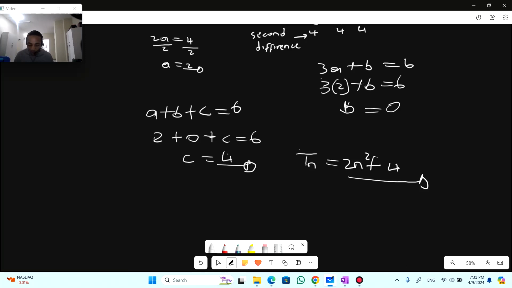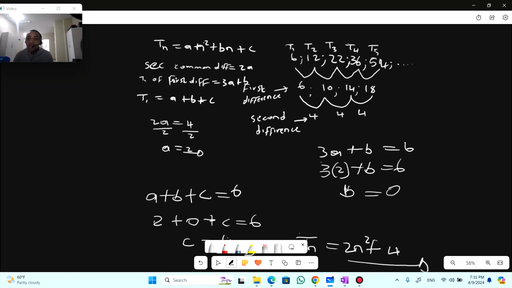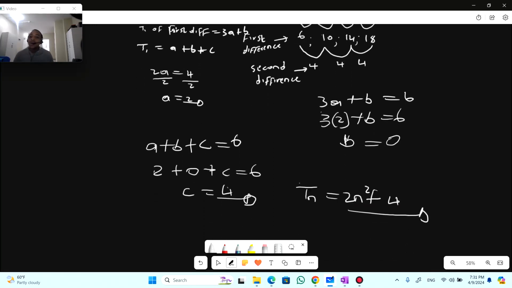So to prove if your equation is correct or not, since you know that n stands for the position, you can just substitute n by 1 there. If you substitute by 1 and you get 6, since 6 was our first term in the original sequence, that means our equation is correct.